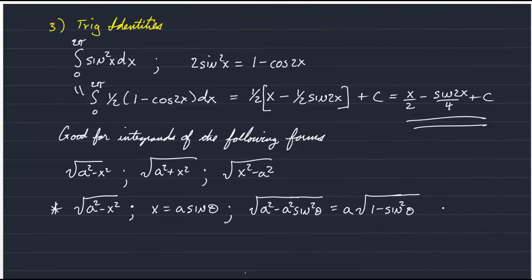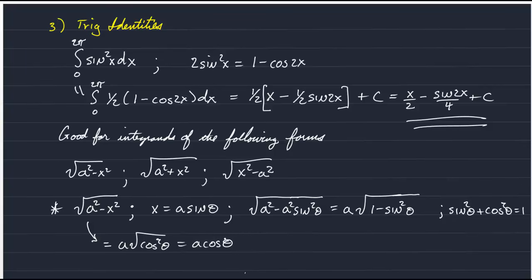And you might remember that sine squared theta plus cosine squared theta is equal to 1, and therefore 1 minus sine squared theta is equal to cosine squared theta. And so then this integrand becomes a times the square root of cosine squared theta, and that's just equal to a cosine theta. So that's a slightly different, simpler form that we can solve more readily.